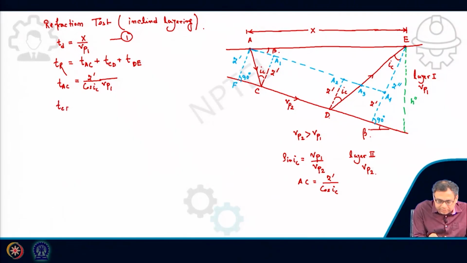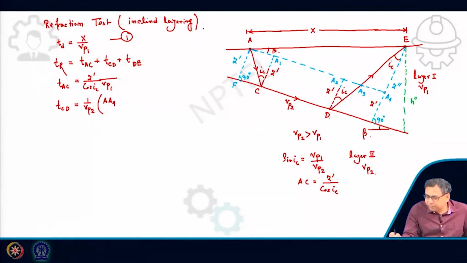Now TCD is basically 1 by Vp2 times AA4 minus AA1 minus A2A3 minus A3A4.